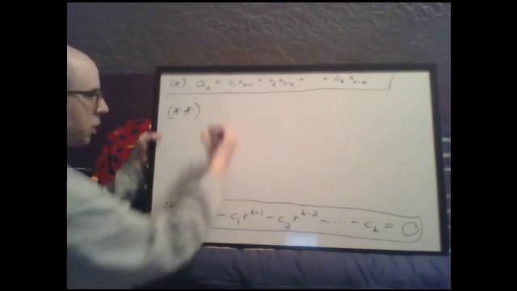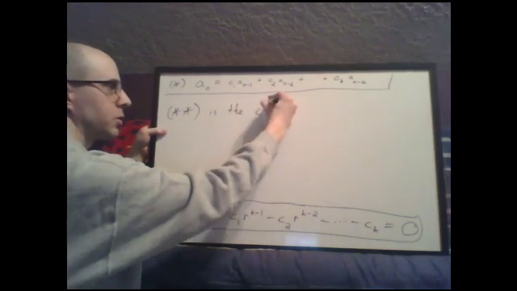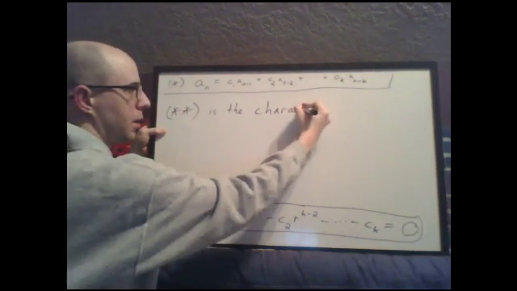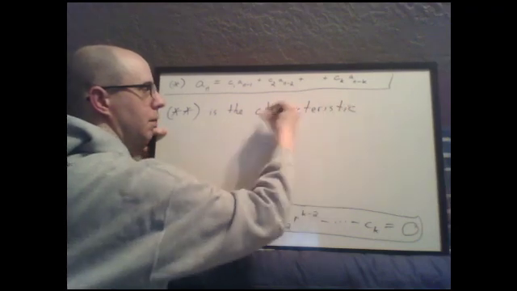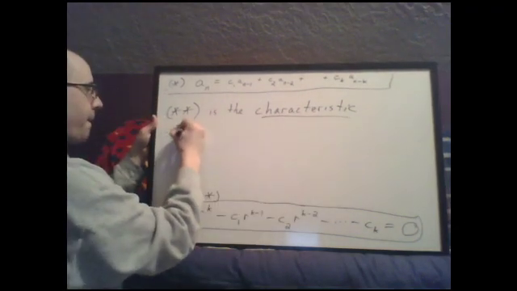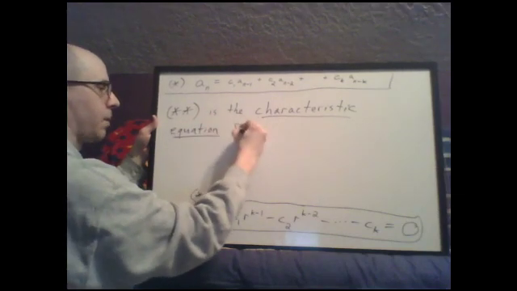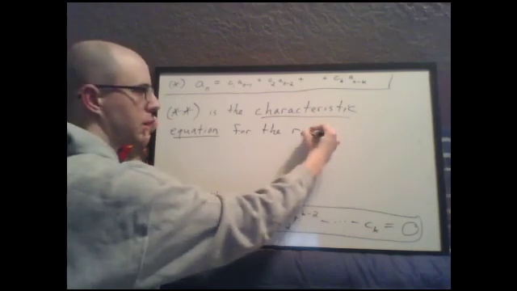This double star equation is called the characteristic equation for the recurrence, which was star.